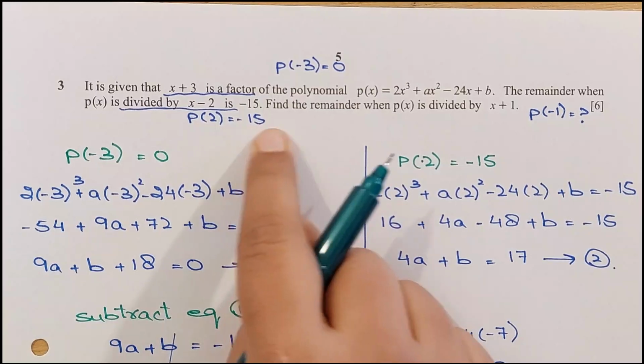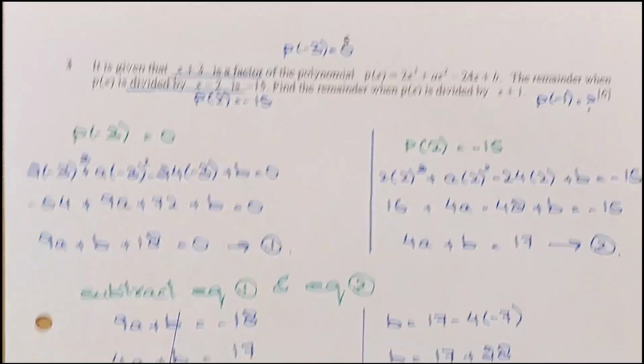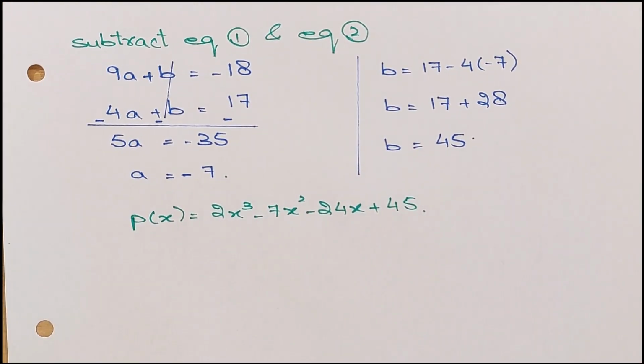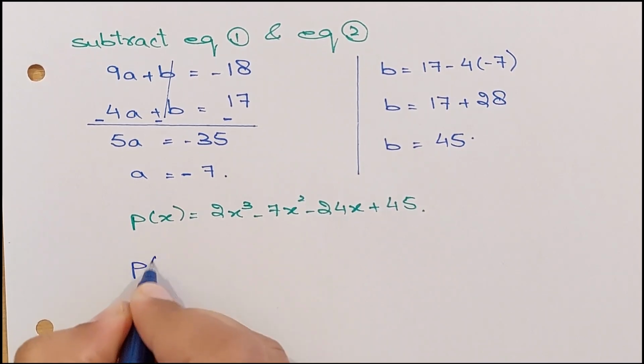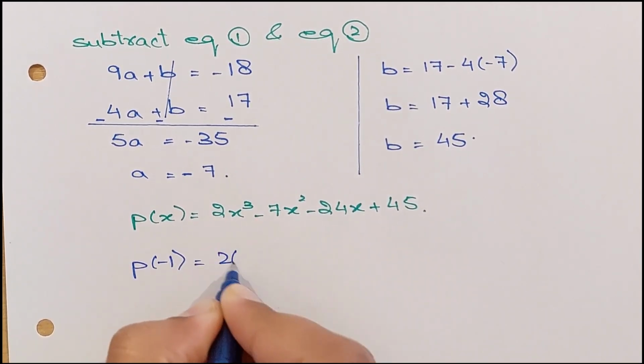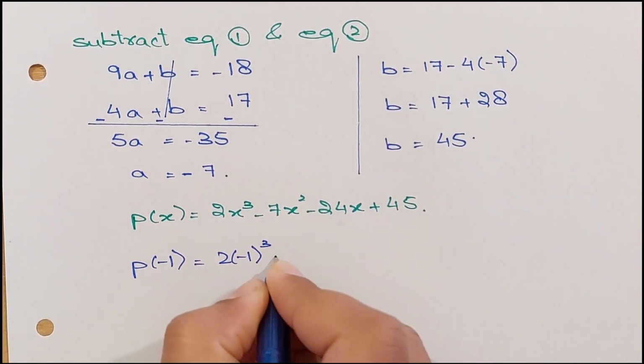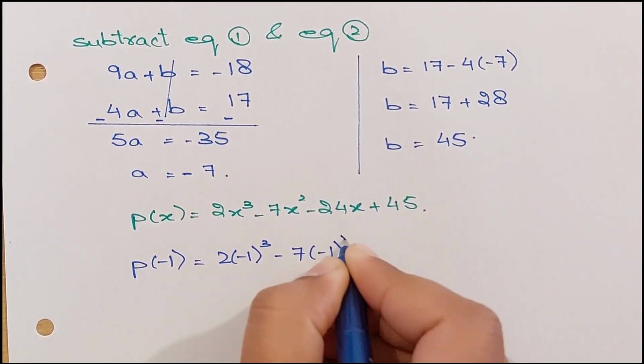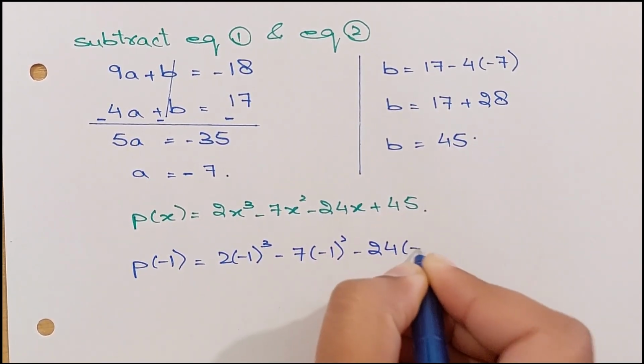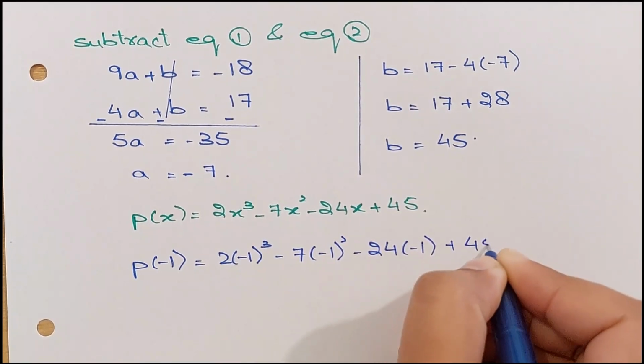Now the question is to find the remainder when p of x is divided by x plus 1. So we have to find p of minus 1. So 2 times minus 1 cubed minus 7 times minus 1 squared minus 24 times minus 1 plus 45.